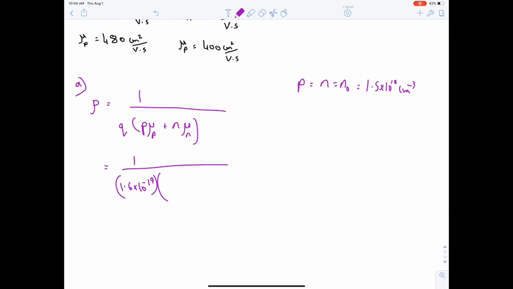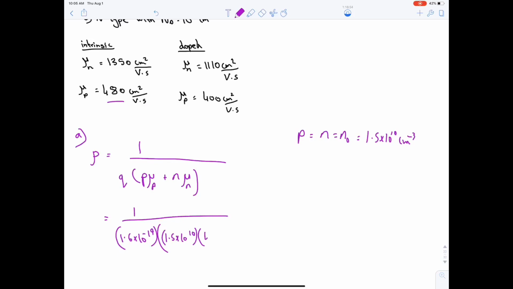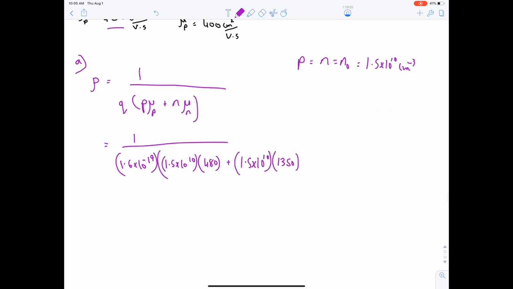So 1.5 times 10 to the positive 10, multiplied by mu p. Mu p in intrinsic is 480, plus again 1.5 times 10 to the power of 10 multiplied by 1350, and this will give us 227,686 ohm centimeter.